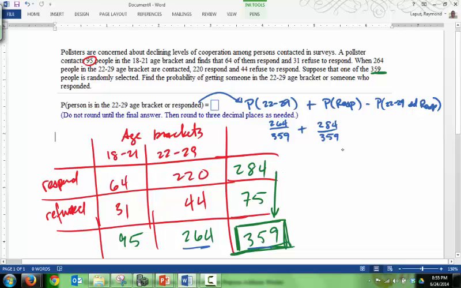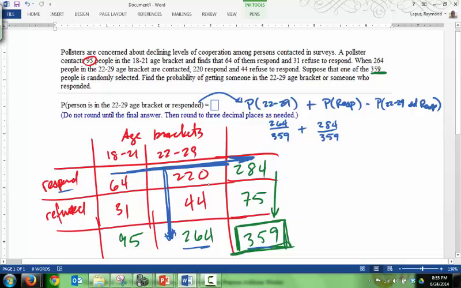Now the thing about this number, 284, is that it's the number of people that responded. The first number, the 264, came from adding up these two numbers. The 284 came from adding 64 and 220.